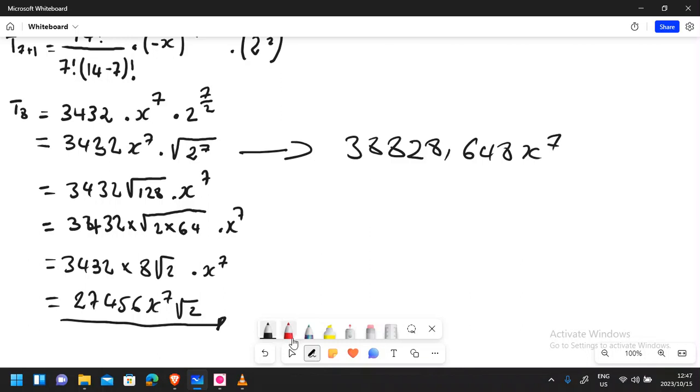Guys, all these answers here are also correct. It depends on how they want it, guys. If they say they want it in a surd form, I would say leave it here or there to be safe. And if they don't say anything, you can leave it here. This is also correct as well, guys.